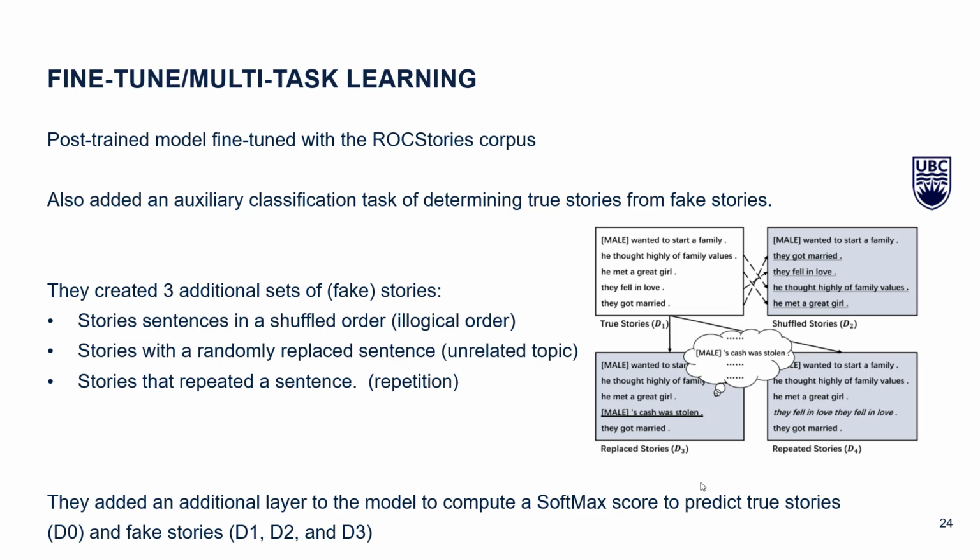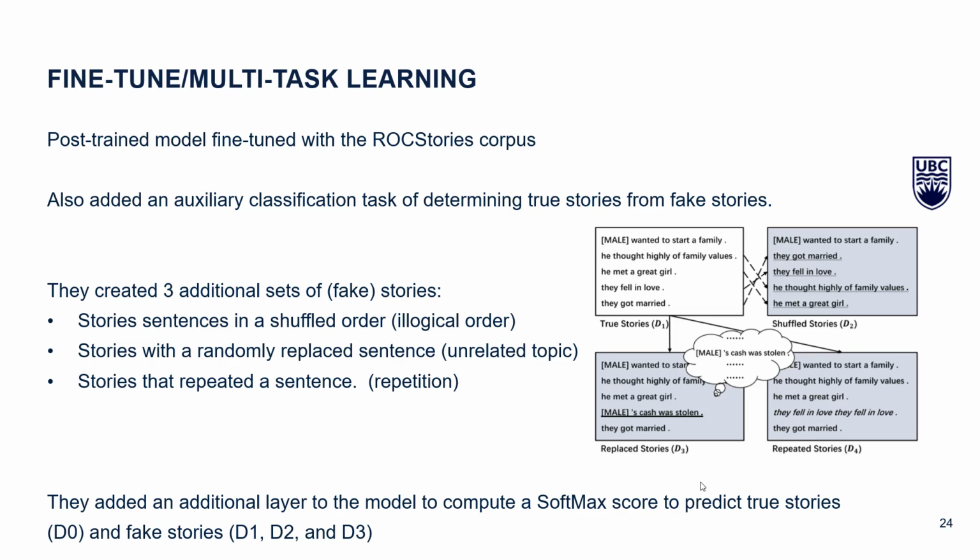These were all fake. They created stories with sentences in a shuffled order, so that would not be in logical order for the stories. Stories with a randomly replaced sentence, so adding an unrelated topic to the story, and then stories that repeated a sentence, so that would have some repetition.